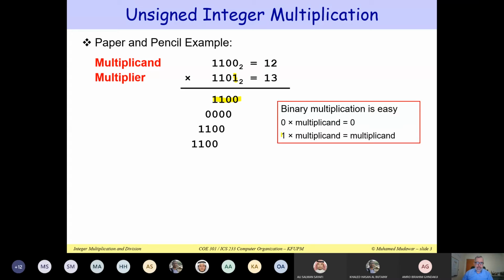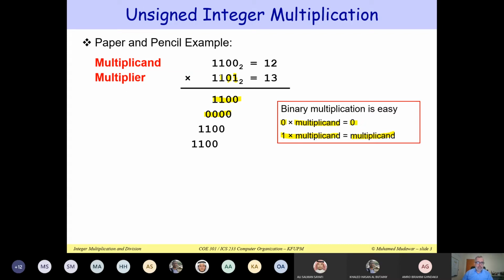If you take 1 and multiply it by the multiplicand, you get the multiplicand. And if you take 0 and multiply it by the multiplicand, you get 0, because 0 multiplied by anything is equal to 0. Binary multiplication is so easy because you only have 2 digits, 0 and 1.